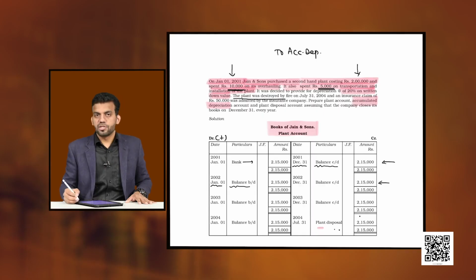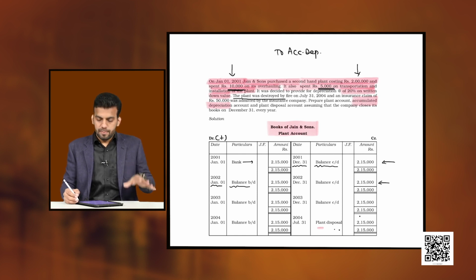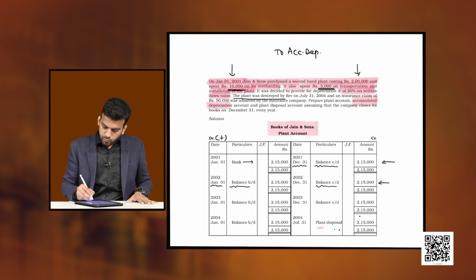Now, this would be accumulated and it would make it 77,400. This is the total amount of depreciation for 2 years on the machine bought on 1st January of the previous year. And as I said, the balance of machine is not going to be changed until the machine is sold. Whatever the cost of machine is, 215,000, it is going to remain the same till the time of sale. So, CD will make it BD again.